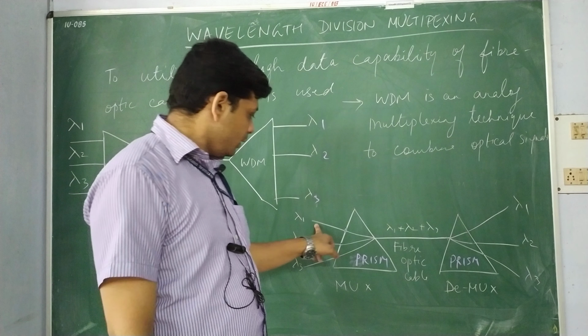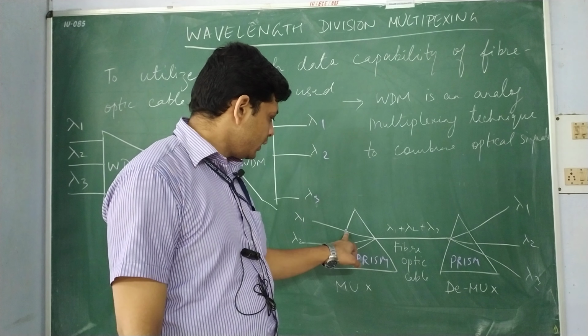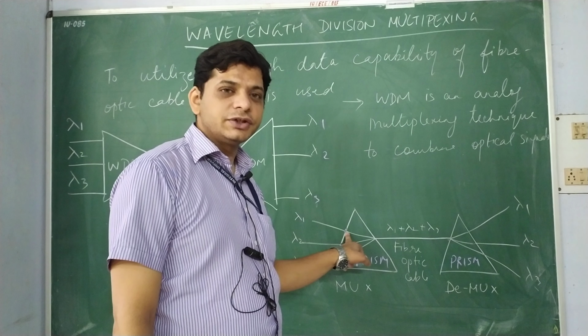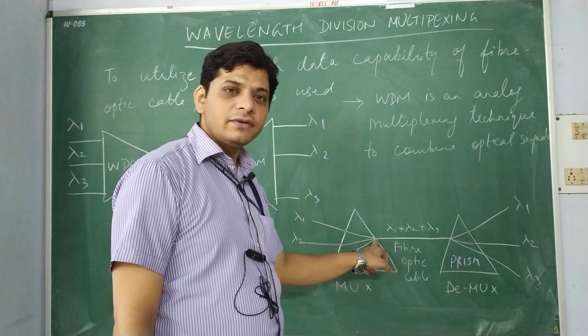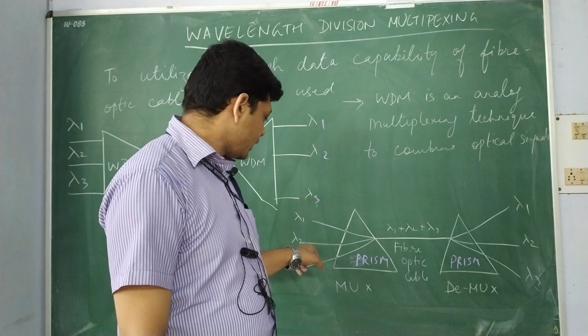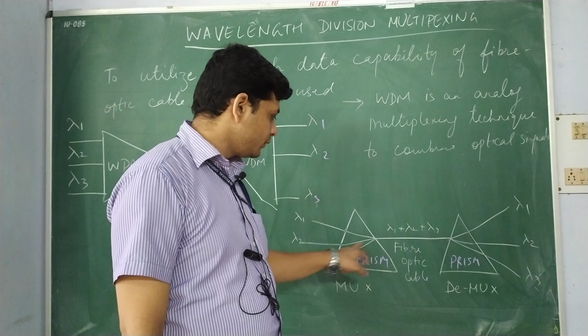So, lambda 1 is incident on this prism. Here it will deal with the refraction process. Okay. After refraction, it is again focusing on a single point. As far as lambda 2 is concerned, again it is meeting the refraction process.